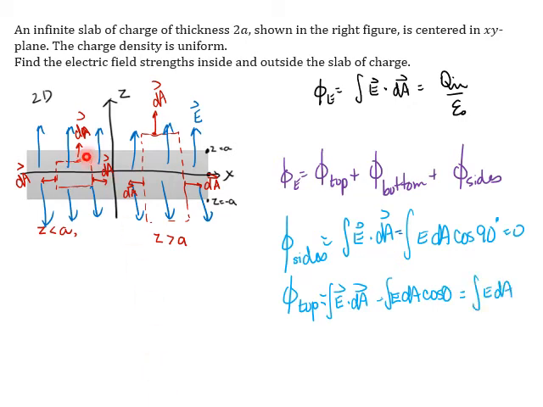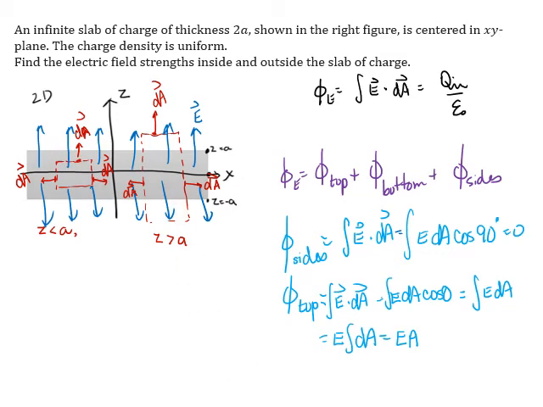Your electric field, as long as we're a constant distance from the center, is going to be a constant, so that's equal to E outside of the integral of dA, equals E times A, where A is the area of the top surface of our Gaussian block. So it's the A of this part right here.